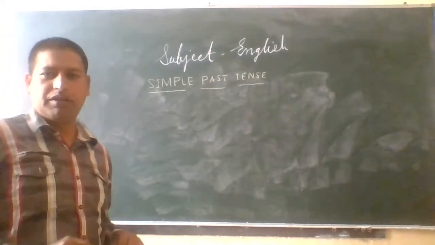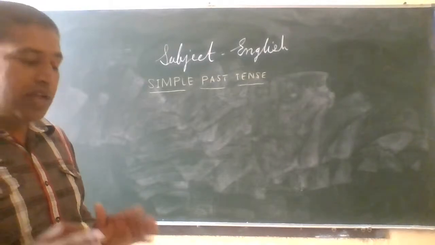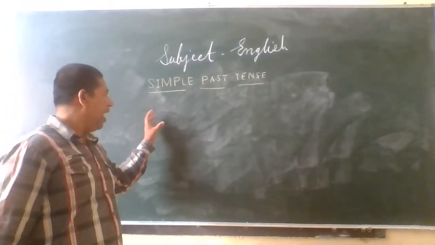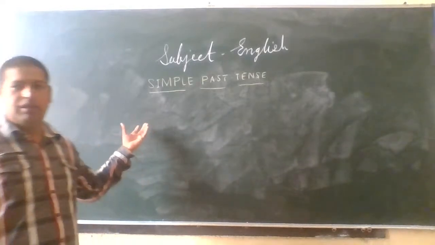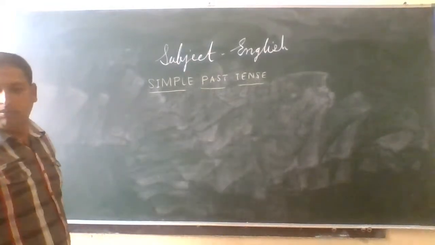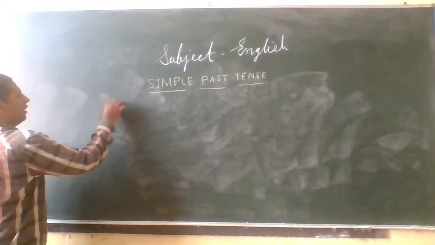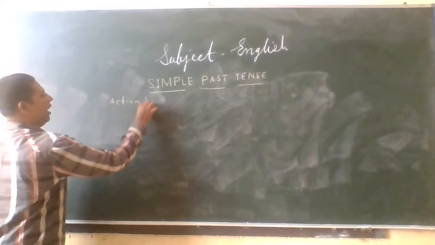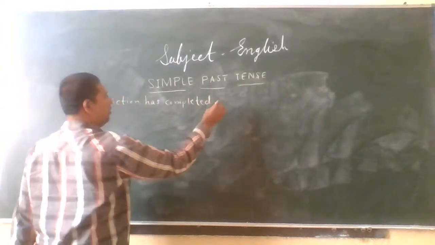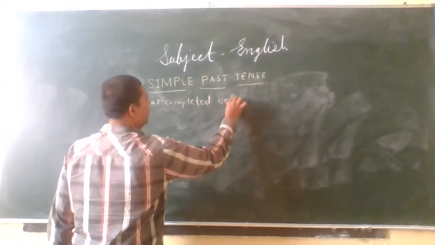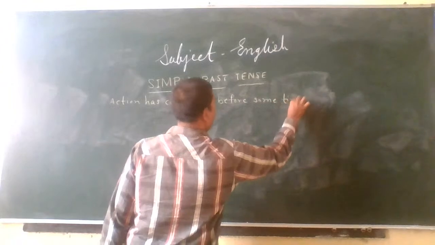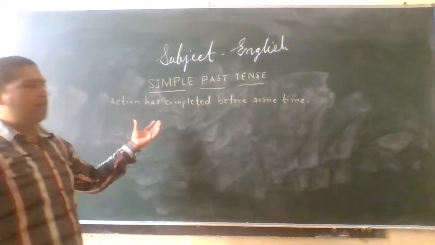How will you identify the simple past tense? If the action has been done before some time, if the action has completed before some time, that tense is called the simple past.